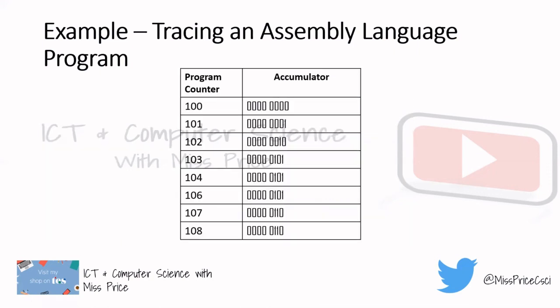Now, what happens here is the program counter. This will be when the instruction's set, and this is what happens after the instruction has been executed. What the accumulator does is record how many instructions are in the accumulator.